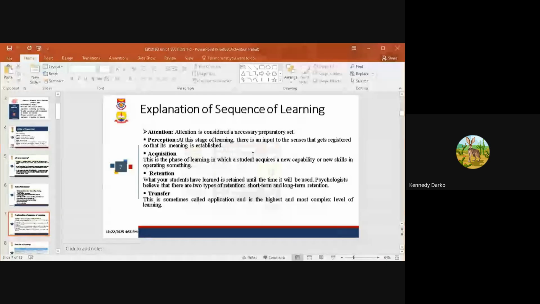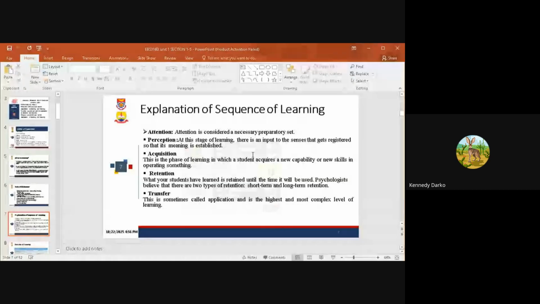We have two types of memory: the short-term memory and the long-term memory. When you are taking the information right now, it is being registered on the short-term memory. So it behoves on you, after you have finished registering on the short-term memory, to read over again, so that you can send it to the long-term memory and store it forever and ever.